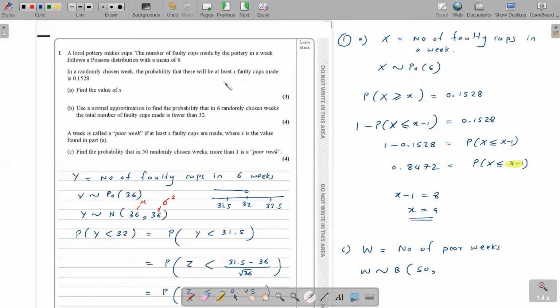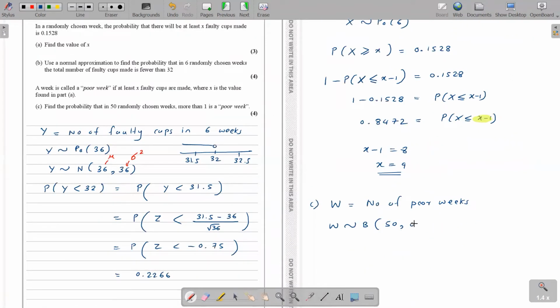What's the probability of having at least 9 faulty cups? 0.1528. You have to get the answer from part A. So 0.1528 is the probability of having at least 9 faulty cups, and that is a poor week. So the probability of a poor week is 0.1528.